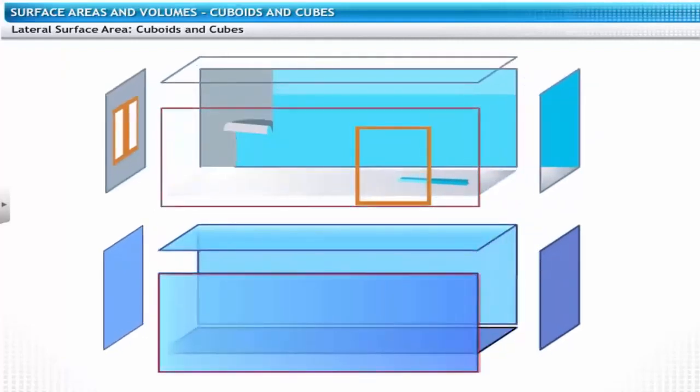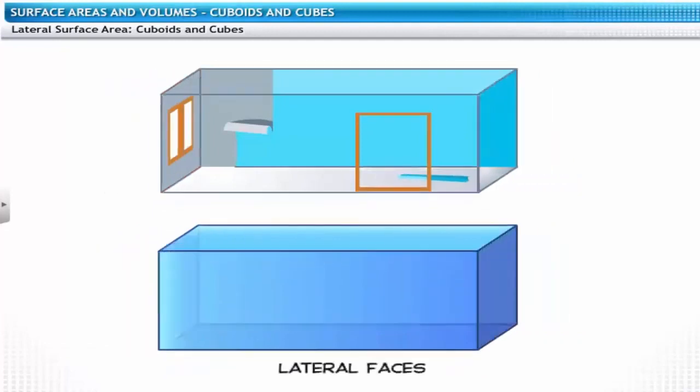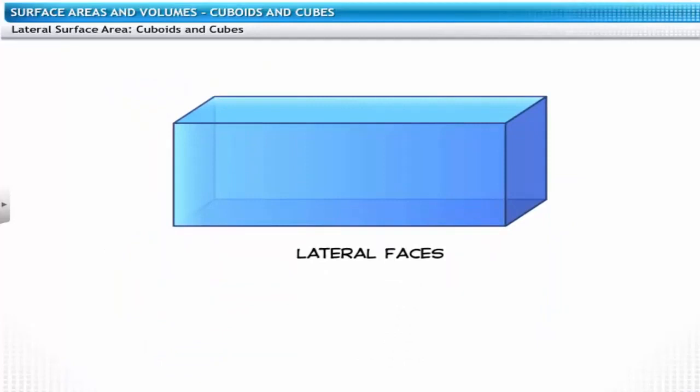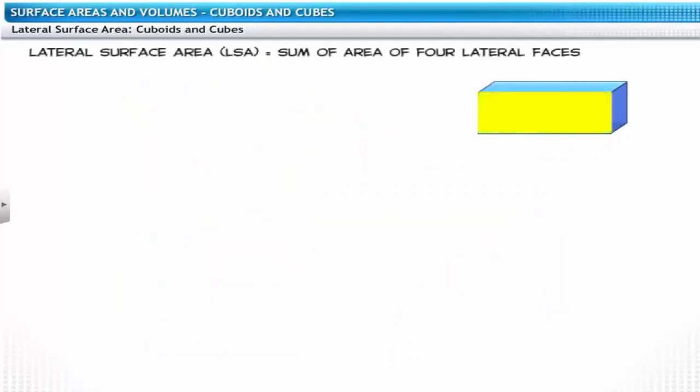The 4 walls of the room represent the 4 lateral faces of the cuboid. If we add the area of the lateral faces, what we get is called the lateral surface area, or LSA, of a cuboid.